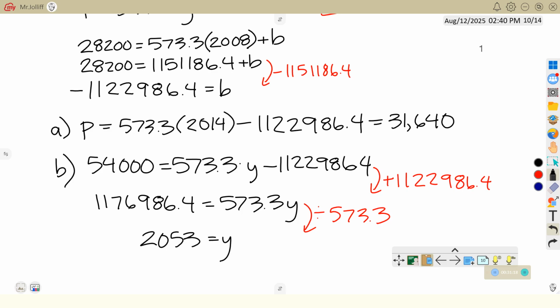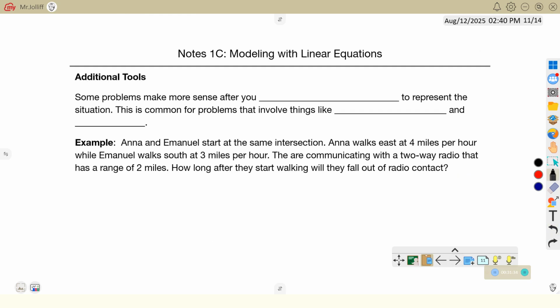Good. Okay. Questions on the front side? No. Okay. The back side talks a little bit about drawing pictures. We're not going to do the problem today because my other class didn't get to it, but I would like to remind you that some problems will make sense after you draw a picture.